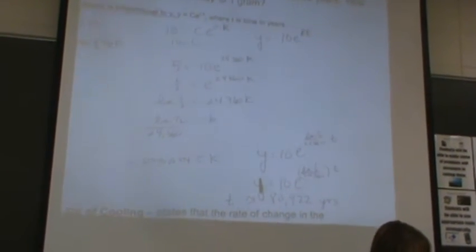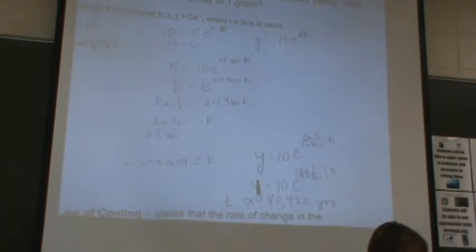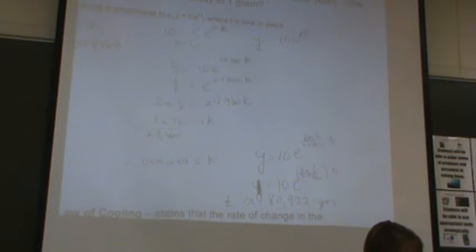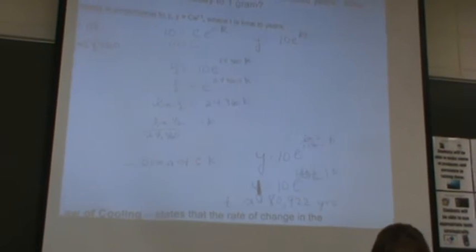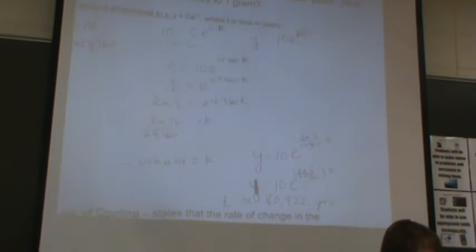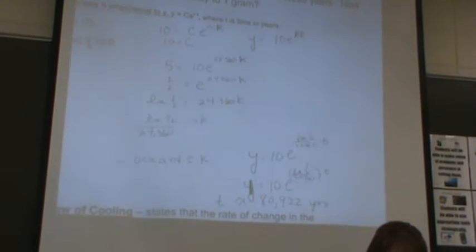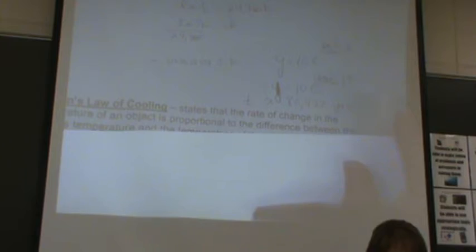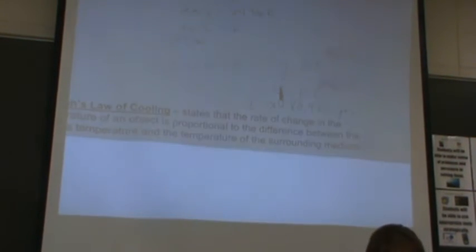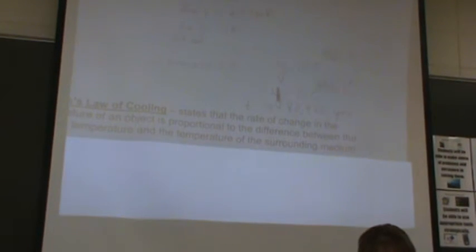Okay. Next example we are going to use has to do with Newton's law of cooling. Newton's law of cooling is one of those things that you see on a lot of different tests. It states that the rate of change in the temperature of an object is proportional to the difference between the object's temperature and the temperature of the surrounding medium.